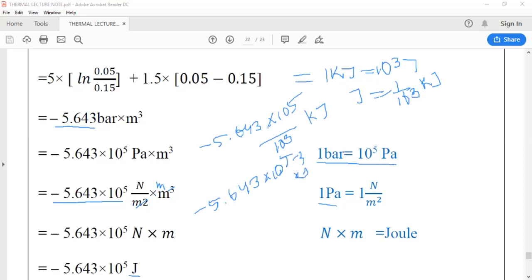So I got minus 5.643 into 10 to the power 2 kilojoule. That will be the answer of what? Work done on the system. So the quantity is negative, so that is the work done on the system. Clear?